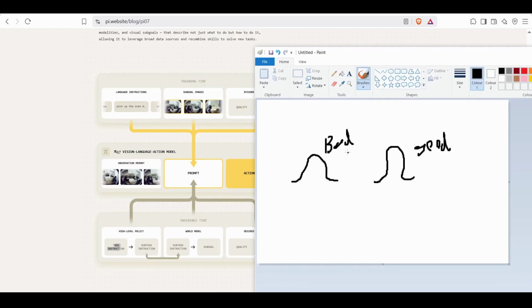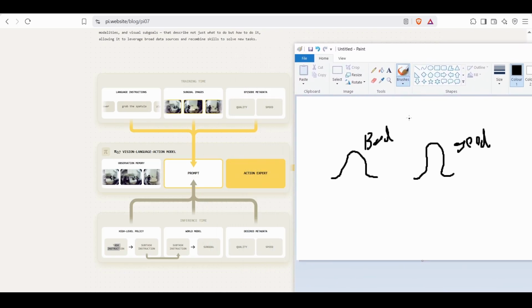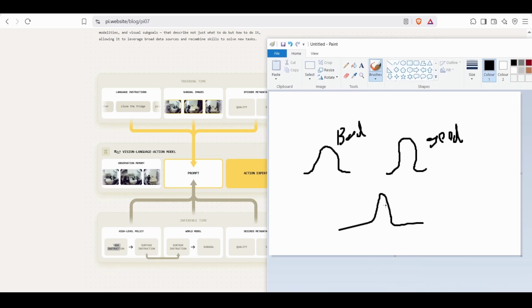And so what classifier-free guidance does is, if you drop out this episode metadata, then it just learns the basic distribution like this. It kind of learns everything, because it can't rely on the episode metadata to tell what distribution it is, so it's a more ambiguous distribution. So what you can do in inference is take this good distribution and this regular, unknown distribution, and take good minus the regular.